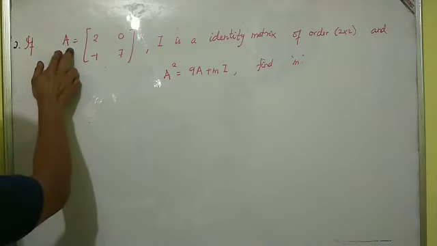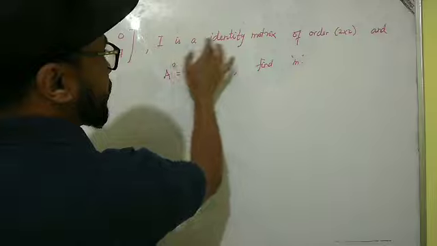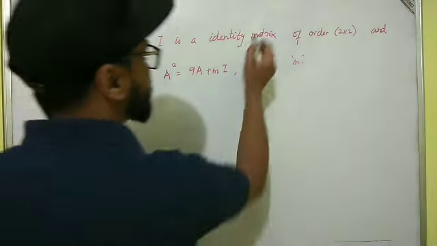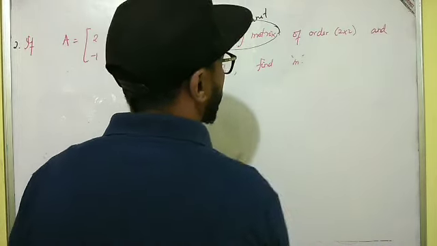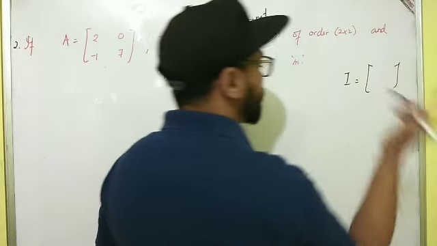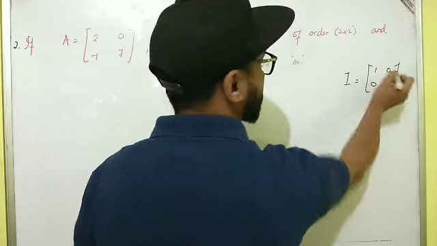It says if A is the matrix 2, 0, minus 1, 7, and I is an identity matrix. You know what an identity matrix is? In the first video we discussed this. Identity is also called the unit matrix, of order 2 by 2. So what is the unit matrix? The diagonal will be 1, 1 and the other elements will be 0. A 2 by 2 matrix means that.